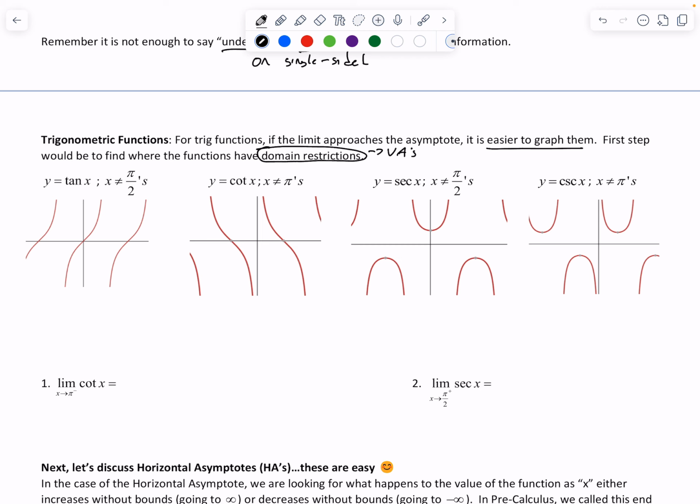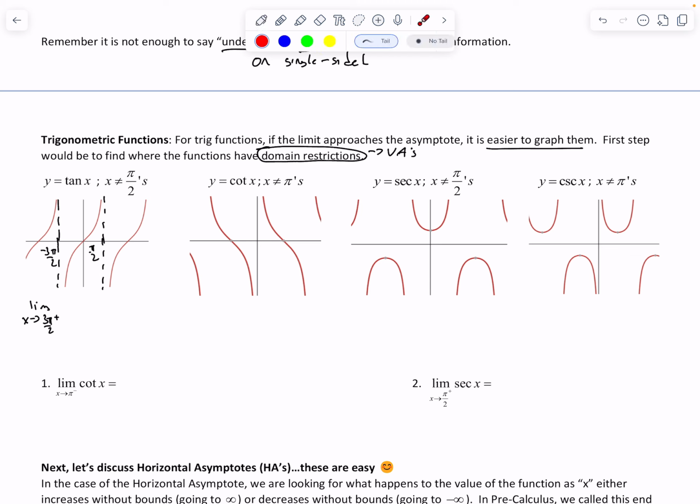So for the first one, let's take a look here. Tangent of x can't be pi over 2s. So for example, here this would be pi over 2, and we would have an asymptote. Here, negative 3 pi over 2, there's our other asymptote. Now, if you notice, they all carry the same shape. So I can say, what would be the limit as we approach pi over 2 from the right side?